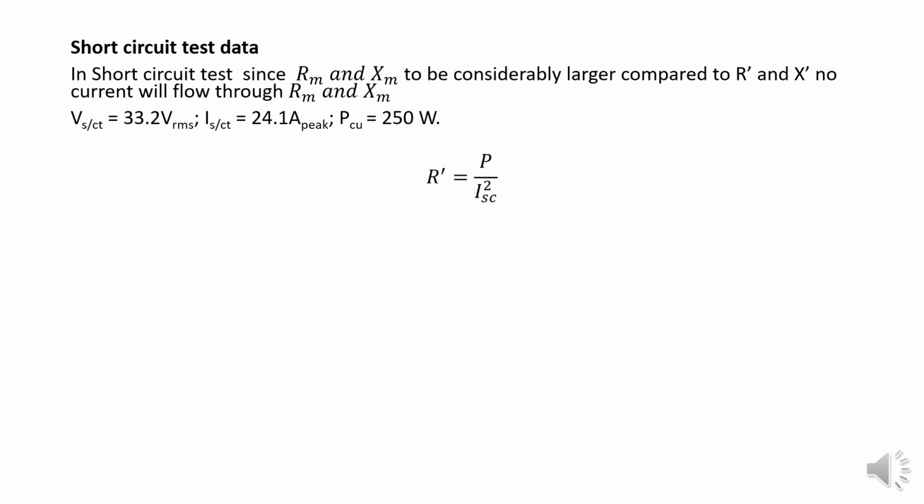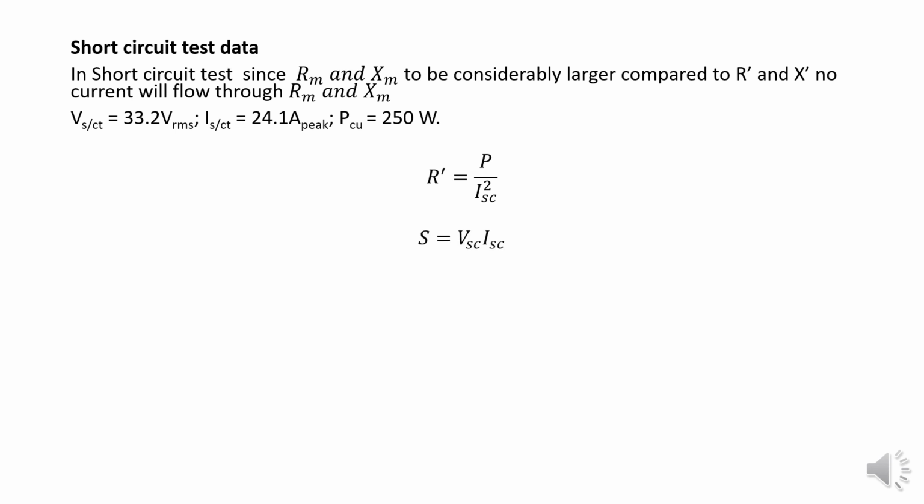R dash is directly P divided by I short circuit squared. Here you can see 24.1 is the peak short circuit current, so you have to divide by root 2 before substituting into this equation. P is equal to 250 watts. Therefore you can calculate R dash.